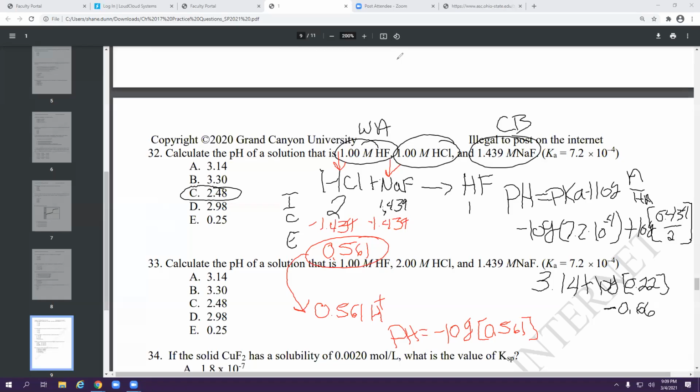Negative log of that number gives me a very, very small number, which should make sense, right? Because we were using HCl. That making some sense to you guys? So when the buffer breaks, it's pretty fun. It's pretty easy to understand what's going on. Cool.